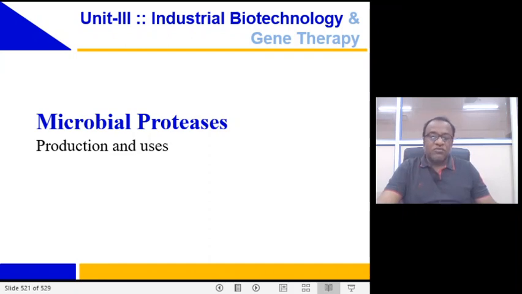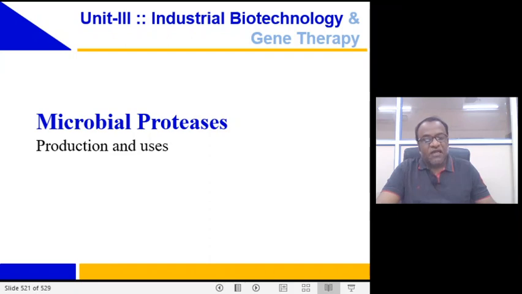So moving on to microbial proteases, the production and uses of these proteases. So in the industrial sector, the Bacillus species are the most active and dynamic extracellular alkaline protease producers. Right.